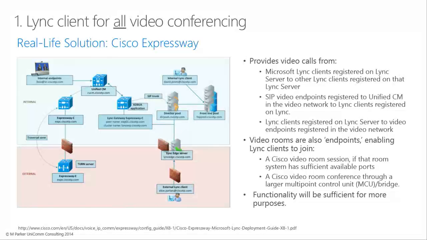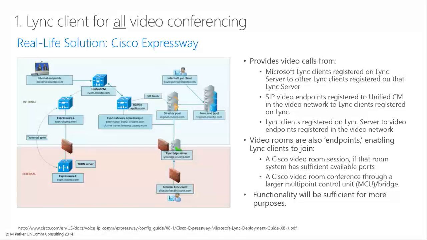Now, I'll admit that in that case, what they're going to see on their Lync screen is a Cisco meeting, not a Lync meeting. They're going to see the Cisco meeting environment. But that's okay, because you're trying to join the video room meeting. So it'll be a little bit different user experience, but they'll be accessing it through their Lync client. So there's no Jabber client on this guy's PC. None. Okay? That's how to do it.